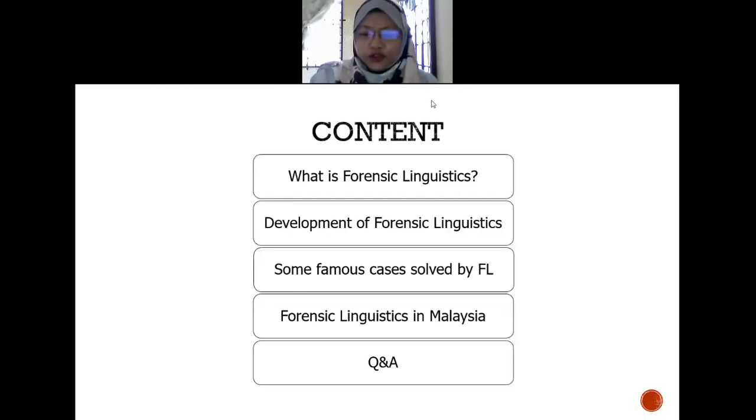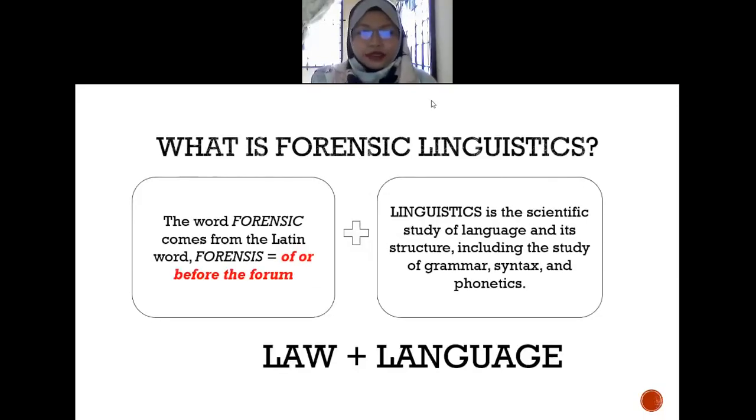So first of all, for those who are not familiar with forensic linguistics, this is a brief definition. The word forensic comes from the Latin adjective forensis, which means of or before the forum, which means belonging to courts of justice or to public discussion and debate.